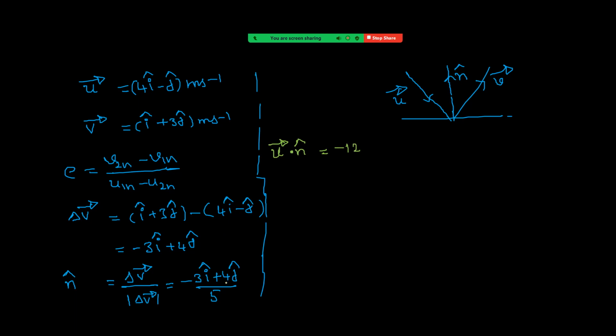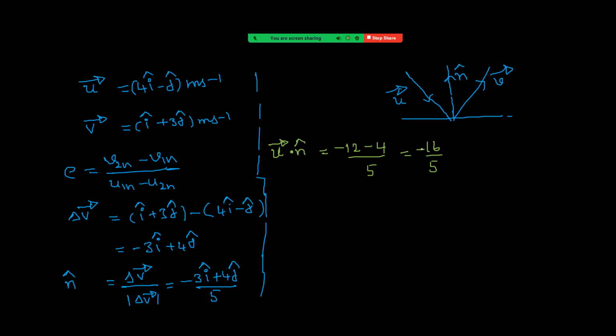Minus j cap times plus 4 j cap gives minus 4. Upon 5. This is minus 16 upon 5. This is the component of u bar along the common normal. Okay. And you can see here the directions are opposite, right?